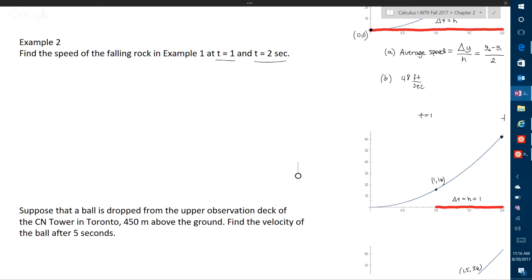It's 64. Yeah, we got the 16 because it was 16t squared. And then 2 and 1 is 64, so we're going to use minus 64, divided by 0.01.